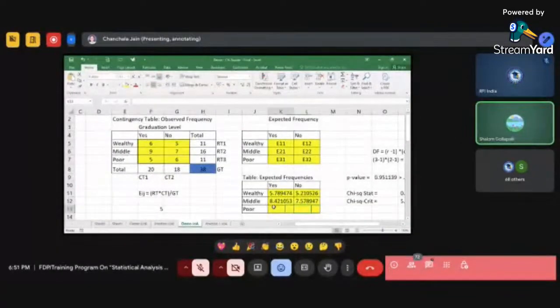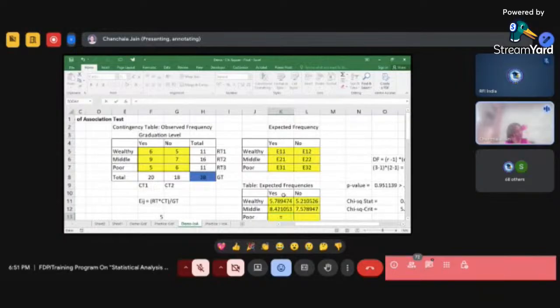Now poor and yes category. How many persons of poor are saying yes for their graduation level? So poor is in the third row. So I'll select the third row total multiplied by yes first column total divided by grand total. Done?